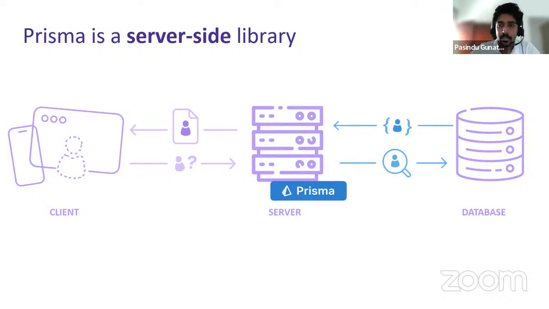So Prisma is obviously a server-side library that's going to be helping you access your database. But if designed perfectly, if you maintain the correct design decisions, Prisma can be used in order to maintain fully type safety throughout your client to the database access levels.